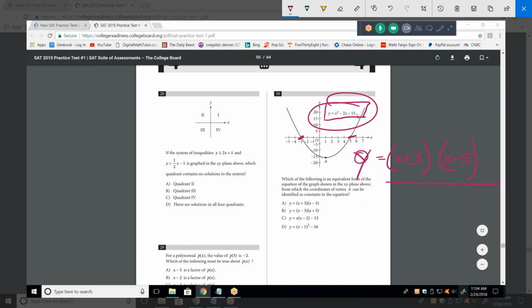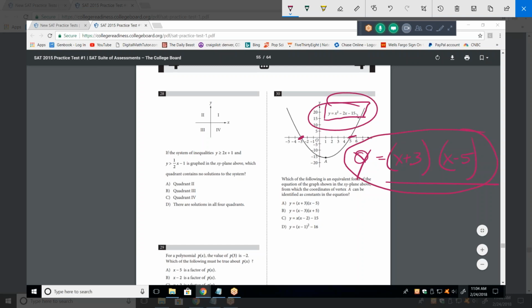Now, let's see if we can figure out what they really want. From which the coordinates of vertex A can be identified as constants. Well, we can't do that in this equation. I can't figure out what the coordinates of vertex A are.